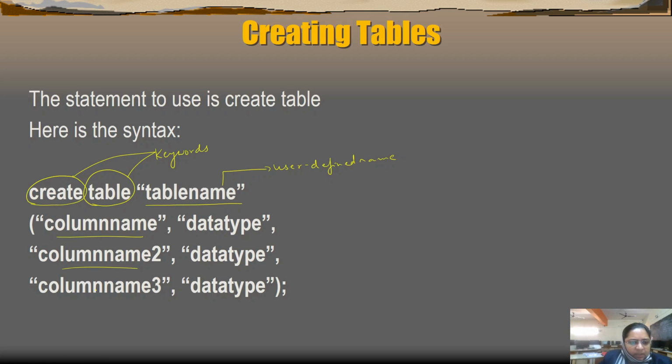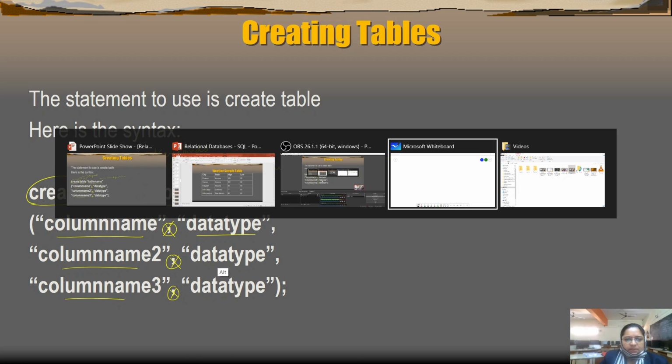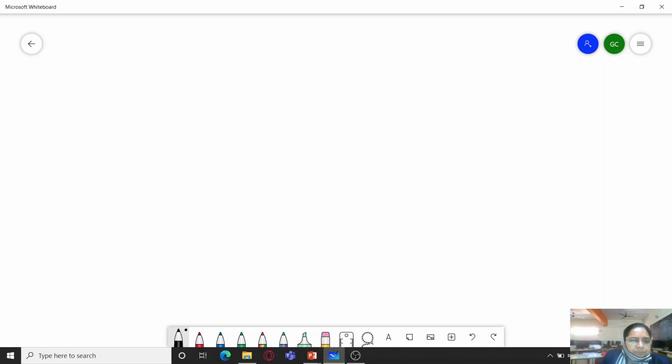Column name is the name of the field and data type is the data type to be used, and this is an error, students. We are not going to provide any comma in between. So I will write it in a proper way here.